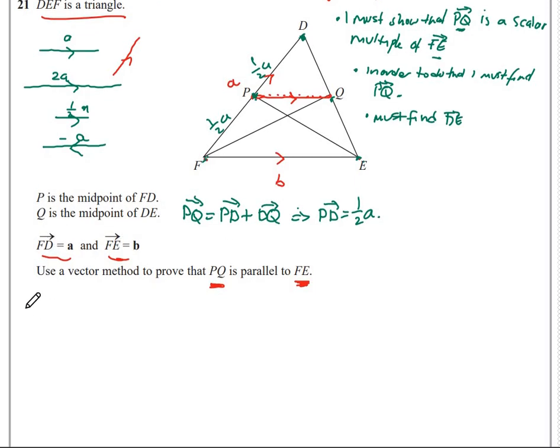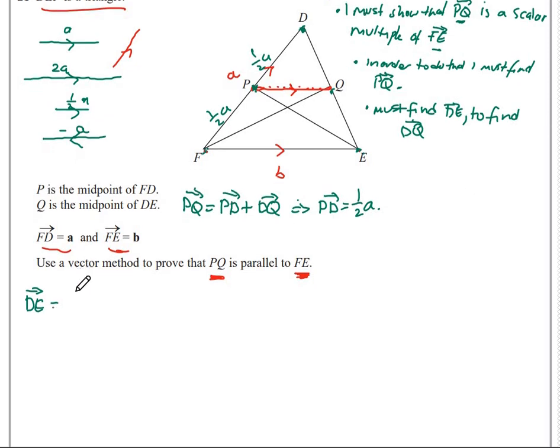So DE. By the way, let me just fill in this part. Must find DE to find DQ. So DE equals DF plus FE. I know what FD is.